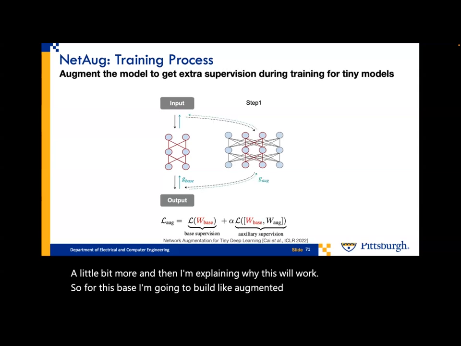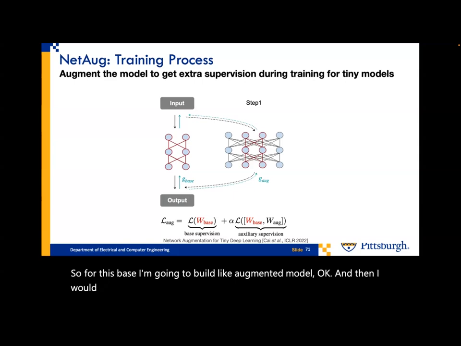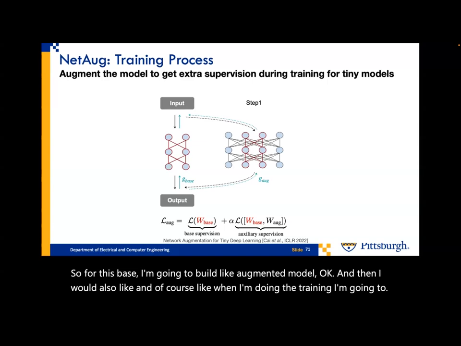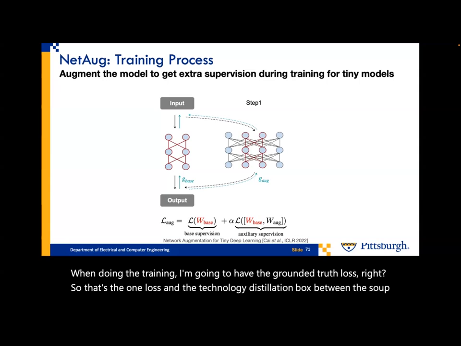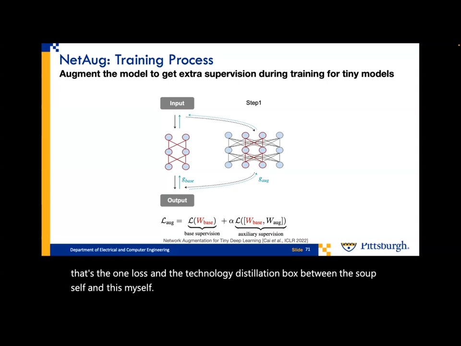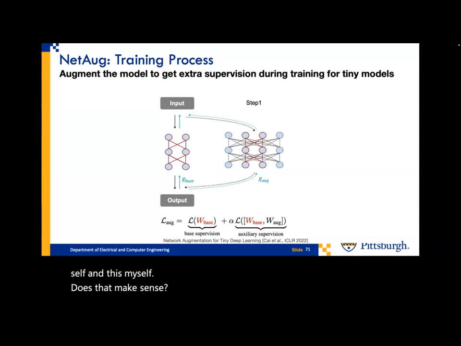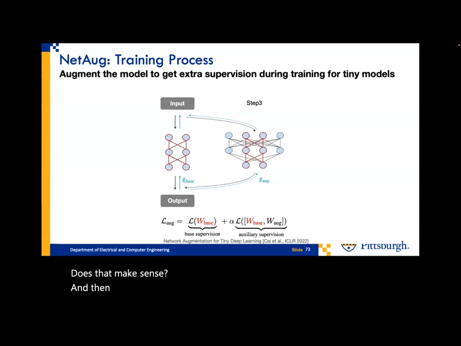And of course, when doing the training, I'm going to have the ground truth loss, so that's one loss, and the knowledge distillation loss between the super self and myself. Does that make sense? And then one copy probably is not enough.